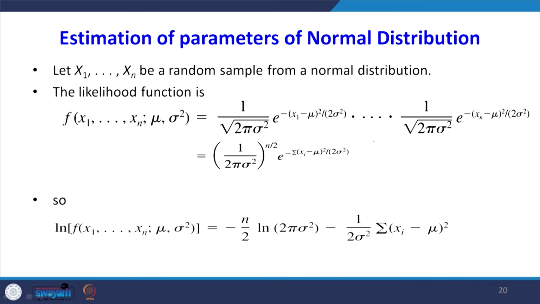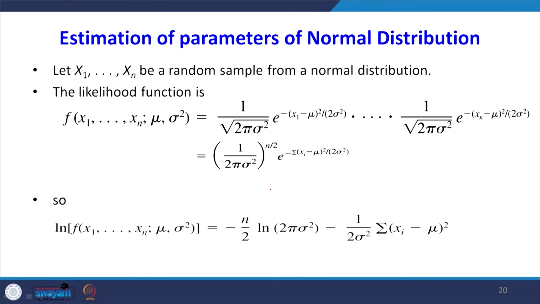When you simplify that, it is 1 divided by 2 pi sigma square to the power n by 2, times e to the power minus sigma of xi minus mu whole square divided by 2 sigma square. What will happen when you take log of this is n by 2 log of 1 minus log of 2 pi sigma square.